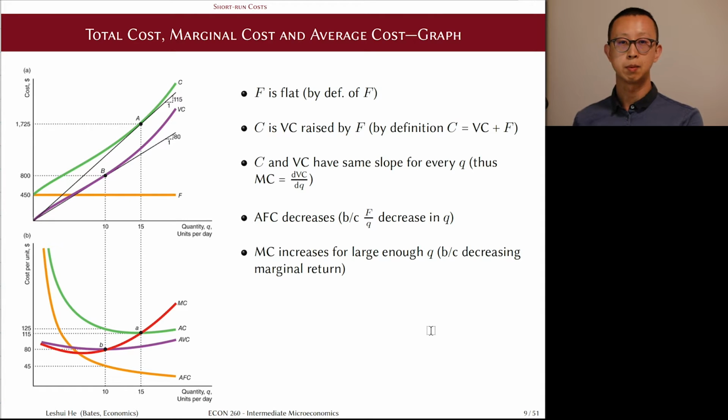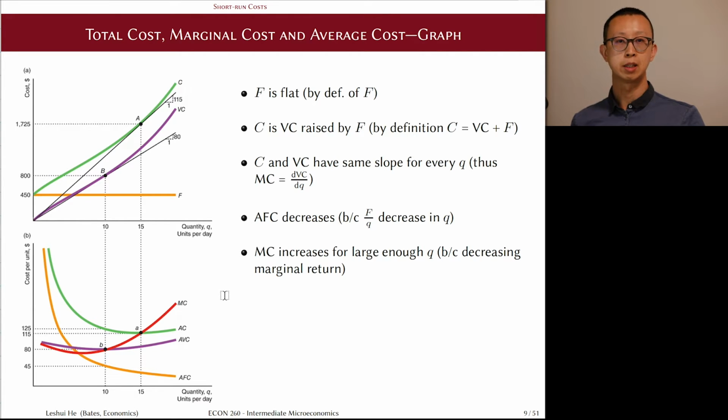We can also see the same idea reflected on the lower panel here, where the marginal cost is plotted by this red curve. It may decrease initially when Q is low, but once Q is sufficiently high, the marginal cost will increase faster and faster. This is a very common feature of cost functions.